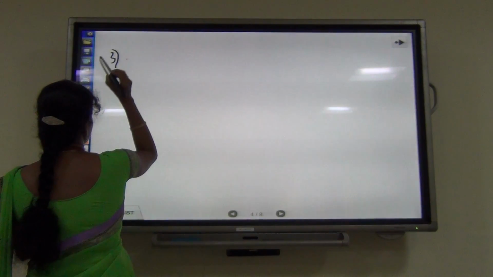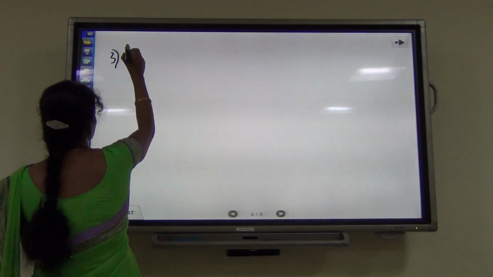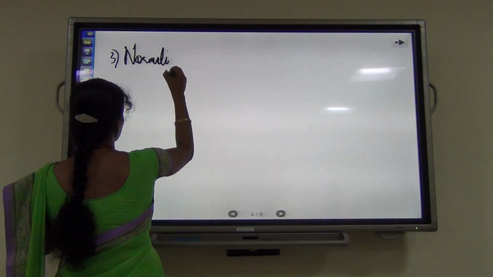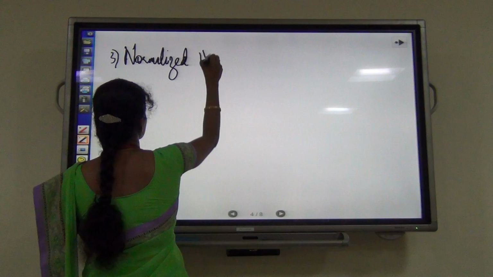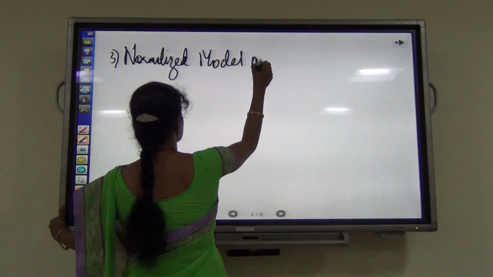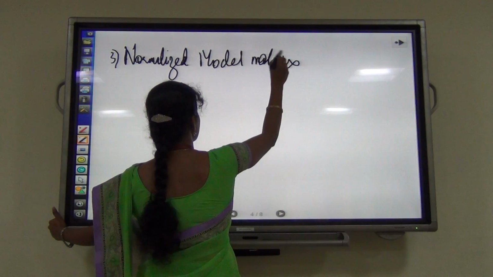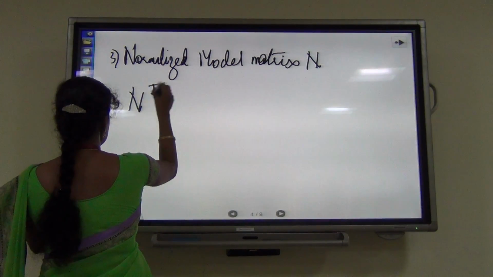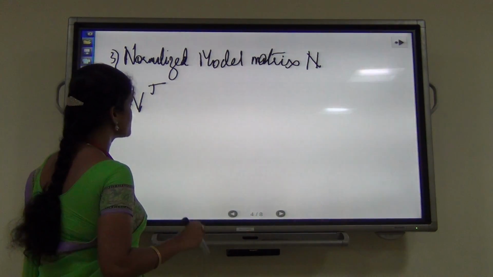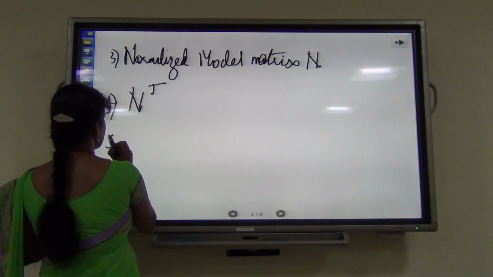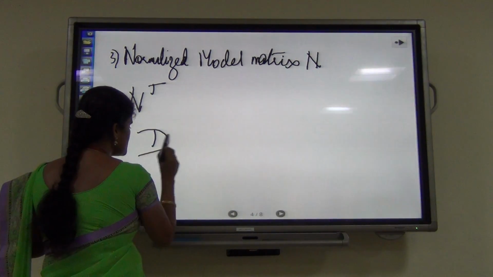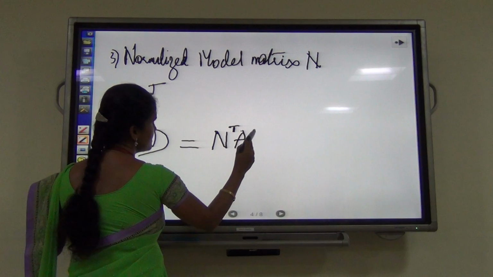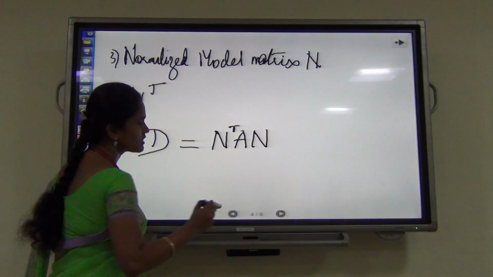The third step is finding the normalized model matrix, that is N. Then we can find N transpose by knowing N. And finally, this diagonal matrix D you can find by the matrix multiplication N transpose A N. This is called orthogonal transformation.